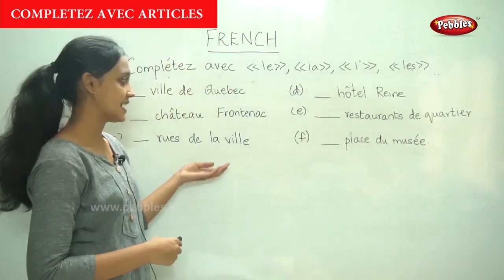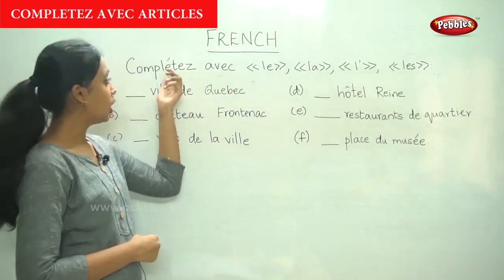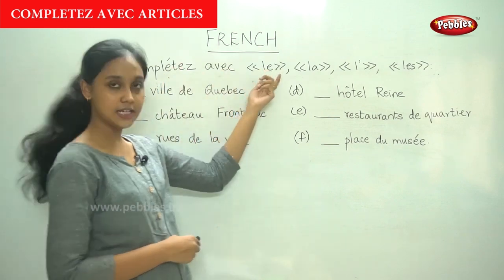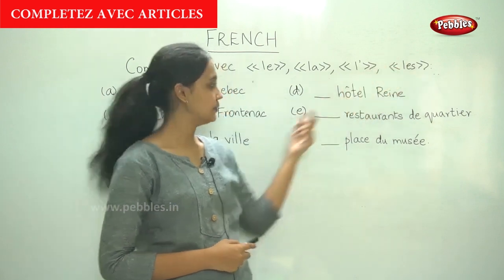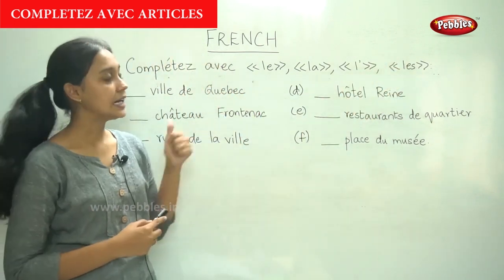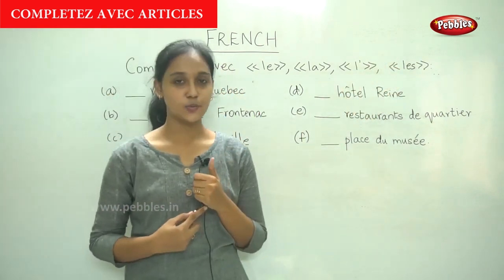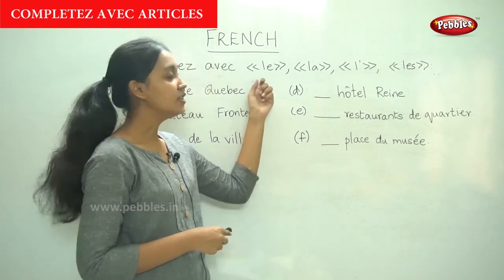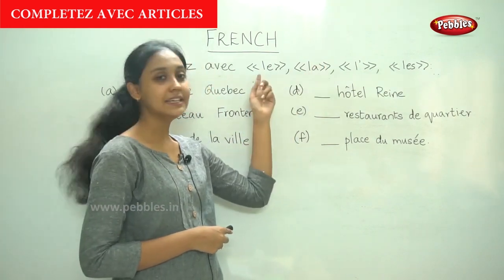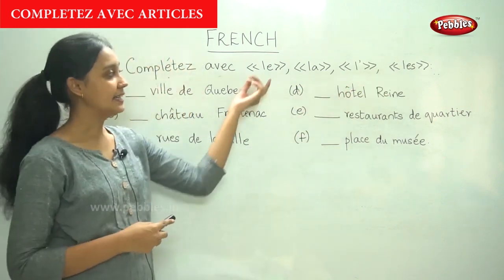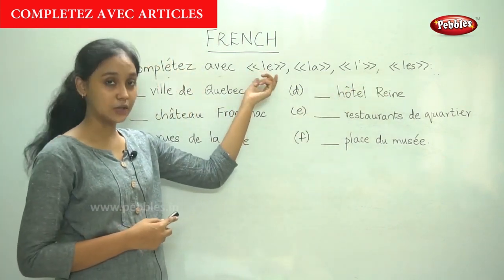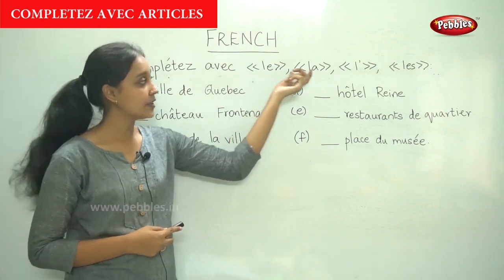The next exercise we are going to do is "Compléter avec le, la, et les." So these are the definite articles. We already know the rules. Le comes before a noun that is masculine.